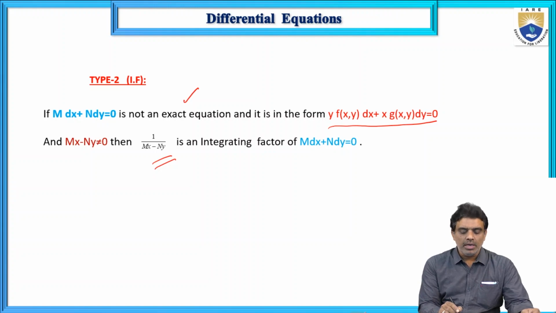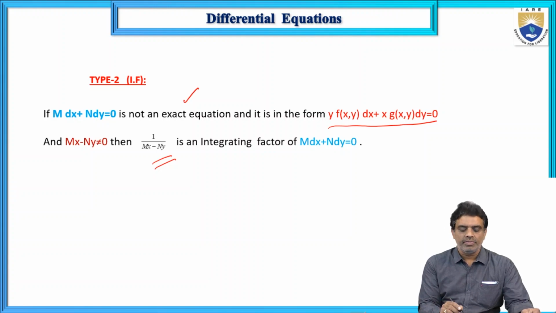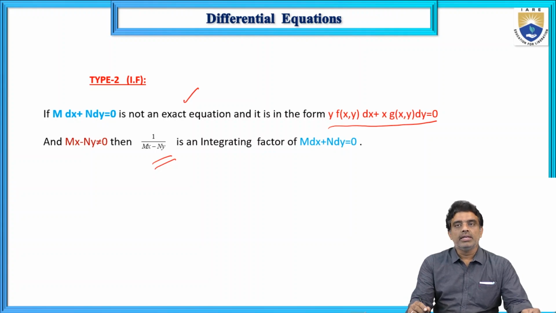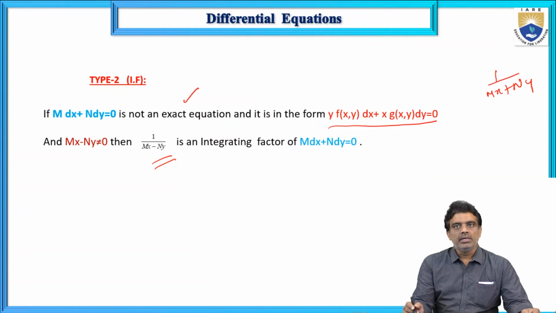In the first model, if the given equation is not exact and it is a homogeneous differential equation with Mx plus Ny not equal to 0, then we discussed that 1 by (Mx plus Ny) is the integrating factor. Integrating factor means that when you multiply it with a non-exact equation, it can be made exact.